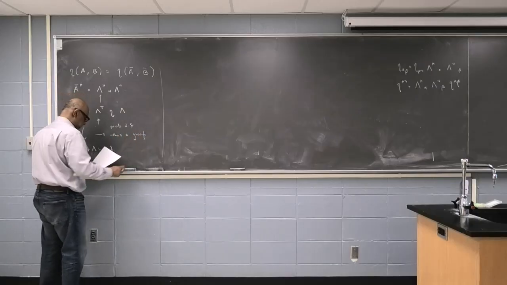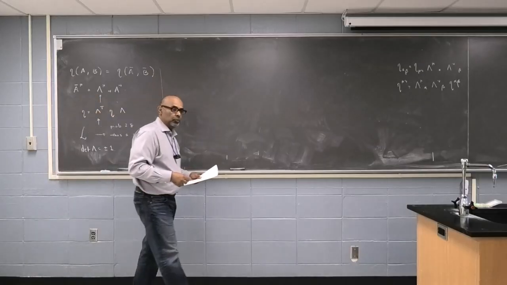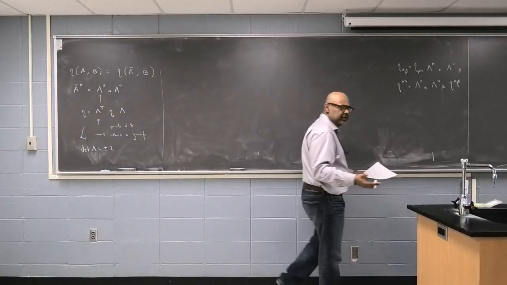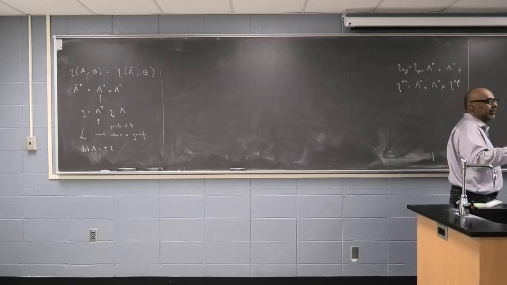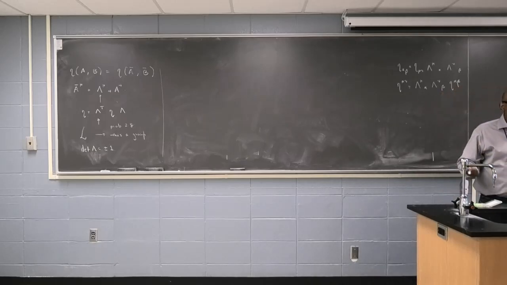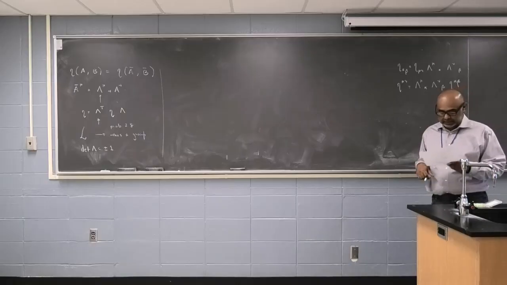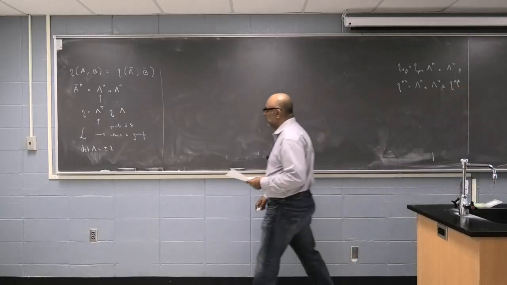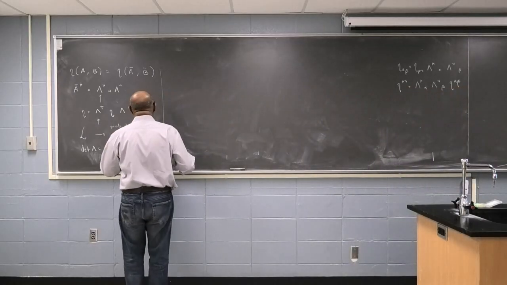We talked about this. And when I say this is a group, what does it mean? The identity is a Lorentz transformation, a member of the general homogeneous Lorentz group. The inverse exists, and when you multiply two such lambdas, you get another lambda in the same set. And this is easy to verify.